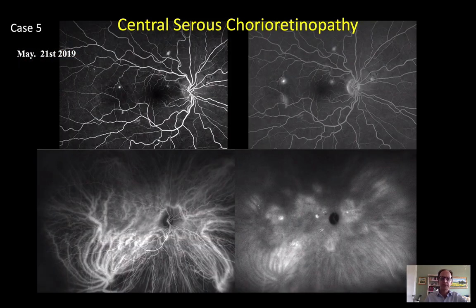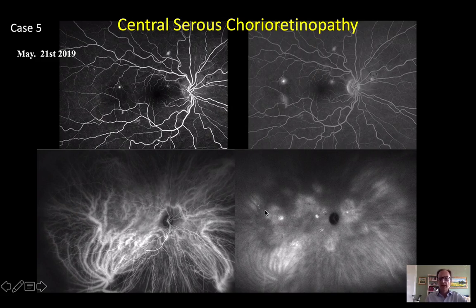So we performed the fluorescein angiography and indocyanine green angiography, and take a look at the multiple leaking points that are evident at the fluorescein angiography. 1, 2, 3, at least 4 leaking points.